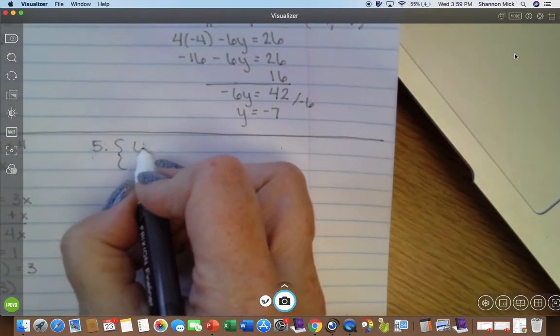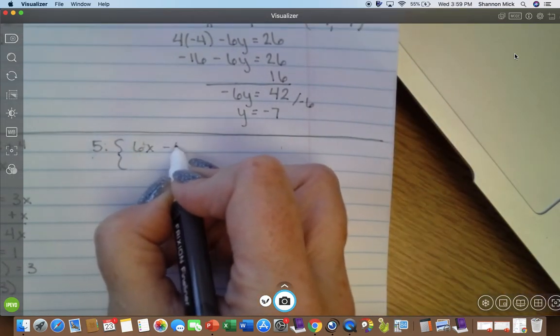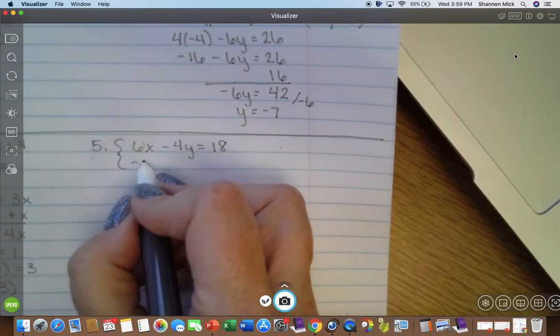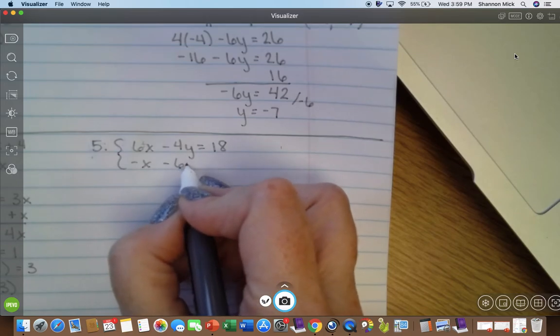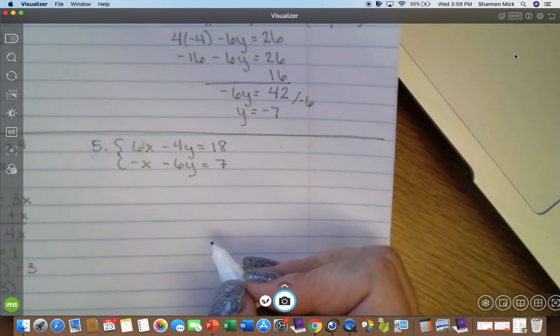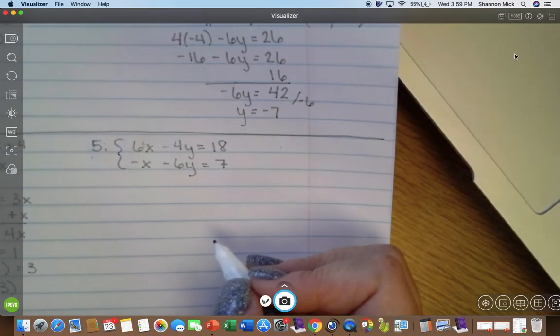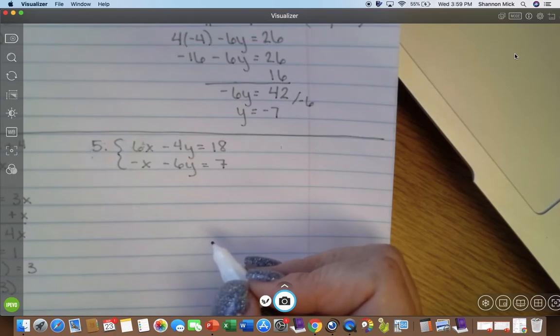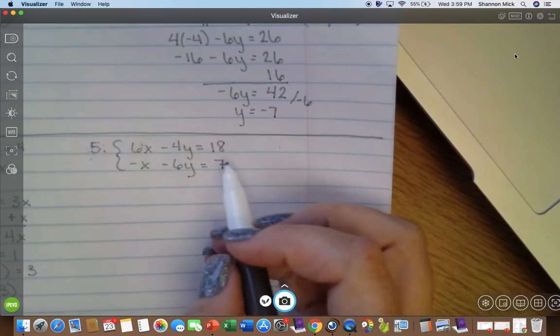So we have 6x minus 4y equals 18, and negative x minus 6y equals 7. Many of the problems on the bottom of the sheet are really worked out easily to accommodate substitution, and this one's no different.